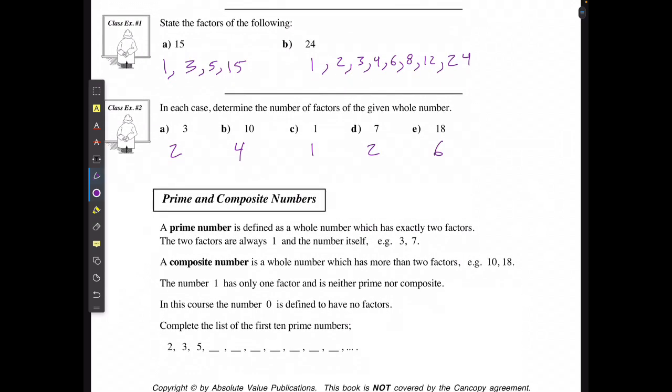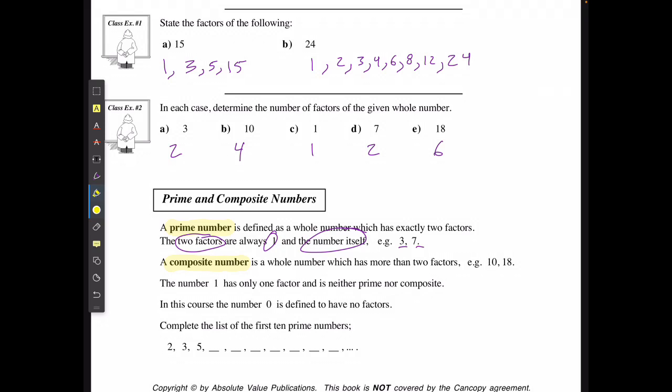So when we're distinguishing between prime and composite numbers, a prime number is one that has exactly 2 factors: the number 1 and the number itself. For example, 3 and 7. Composite numbers are numbers which have more than 2 factors.